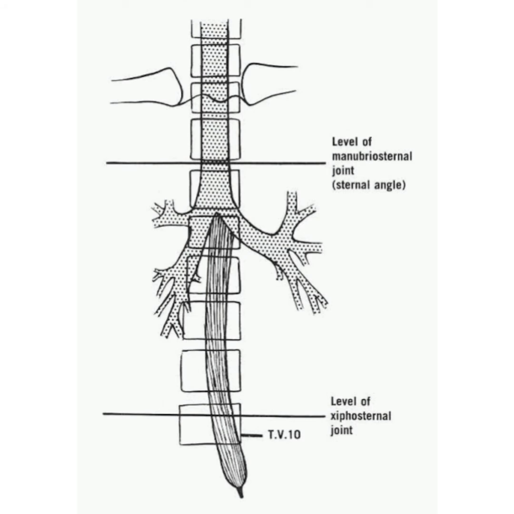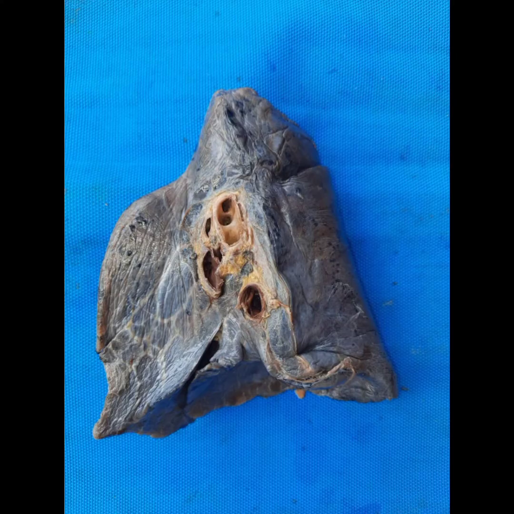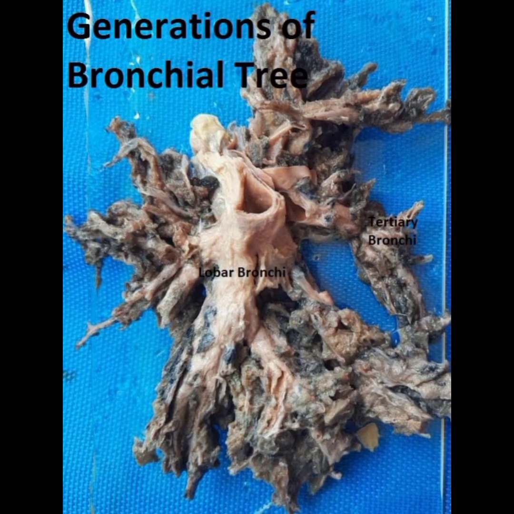Now the trachea at the fourth thoracic vertebral level divides into two principal bronchus, or the bronchi plural, which enter each lung at the hilum along with the arteries and the veins and lymphatic vessels.